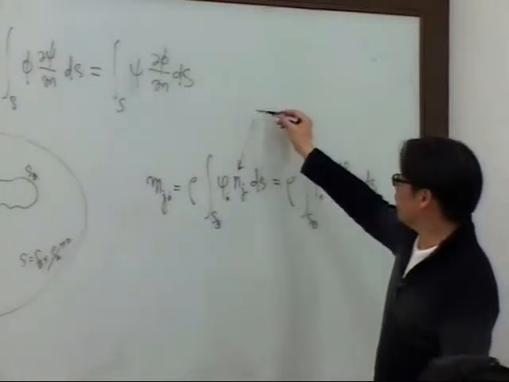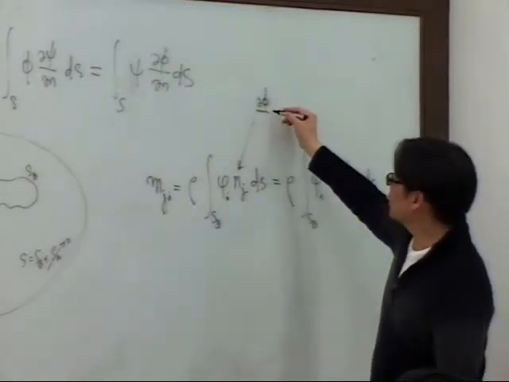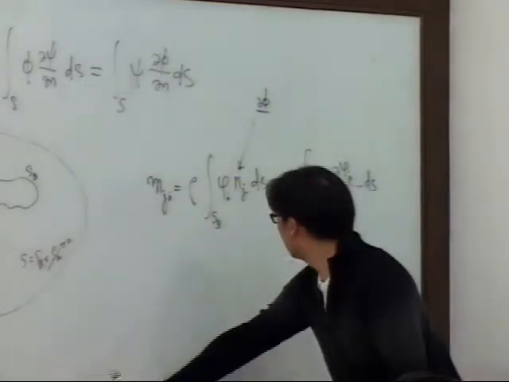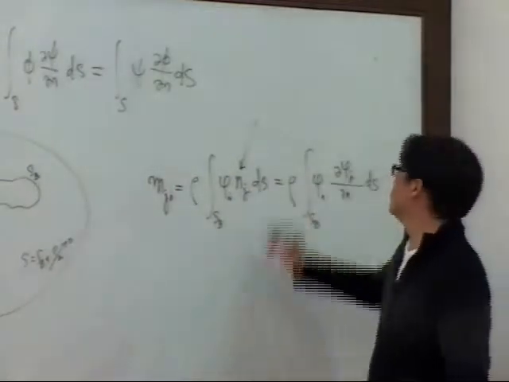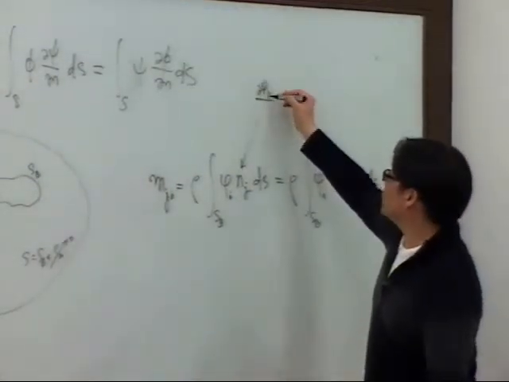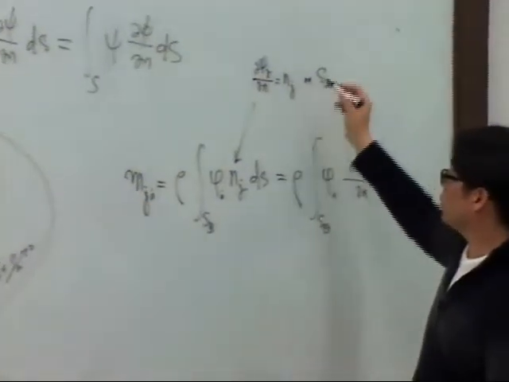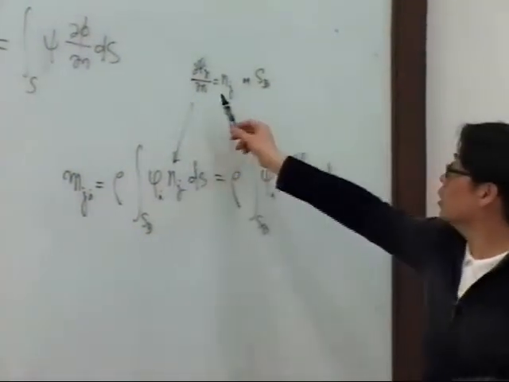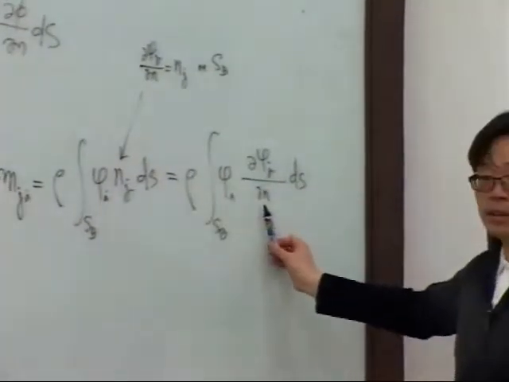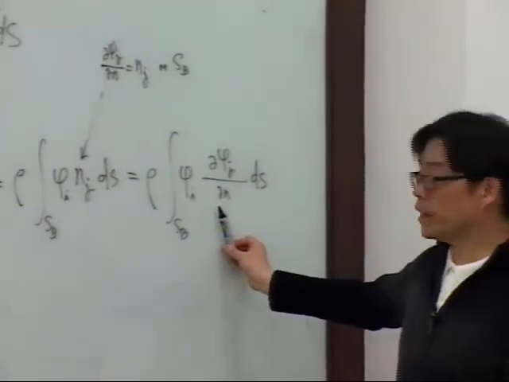So I use the following body boundary condition: d phi_j dn is n_j on the body surface. So I can replace this with d phi_j dn, okay?